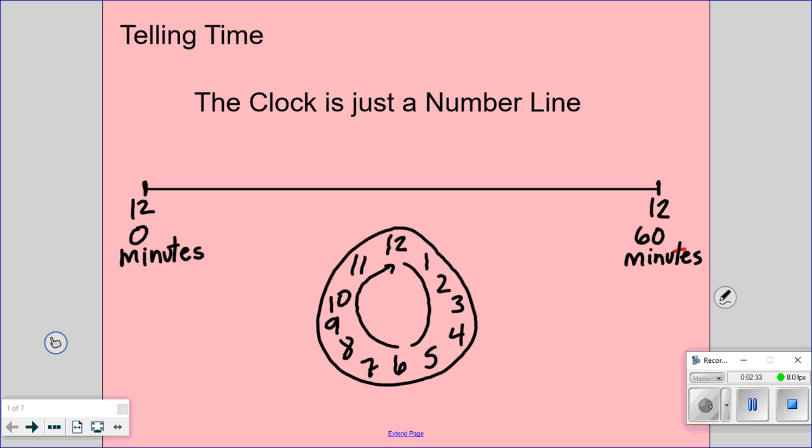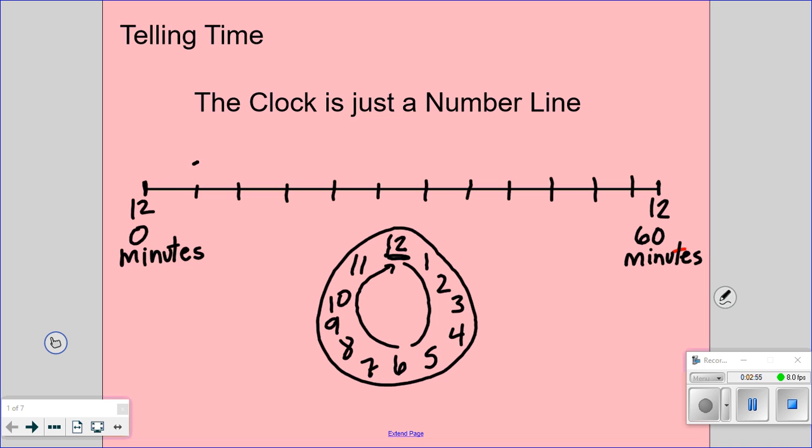On our clock, in addition to these large 12s we see, we have some other large numbers. We're going to label those numbers on our number line. We have 1, 2, 3, 4, 5, 6, 7, 8, 9, 10, 11, and my 12.